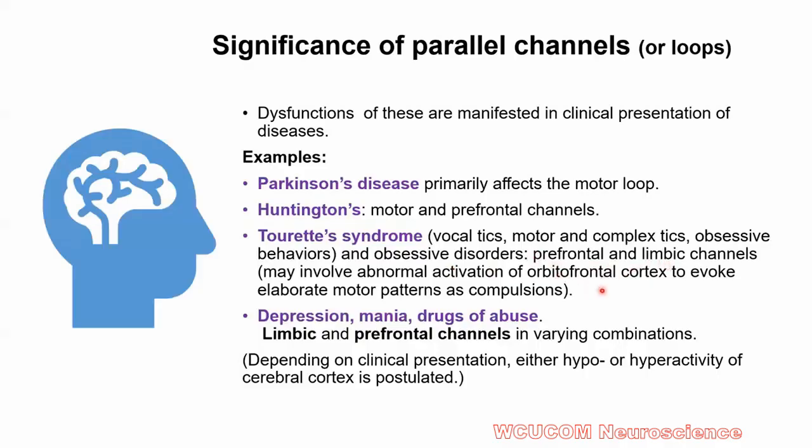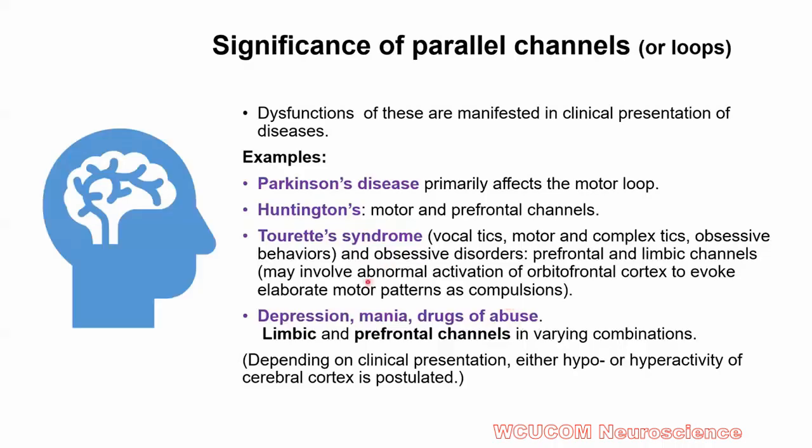So now we're moving to that ventral area of prefrontal cortex to evoke the elaborate motor patterns as compulsions. But of course, the emotional processing at the same time is also disordered, not surprisingly.